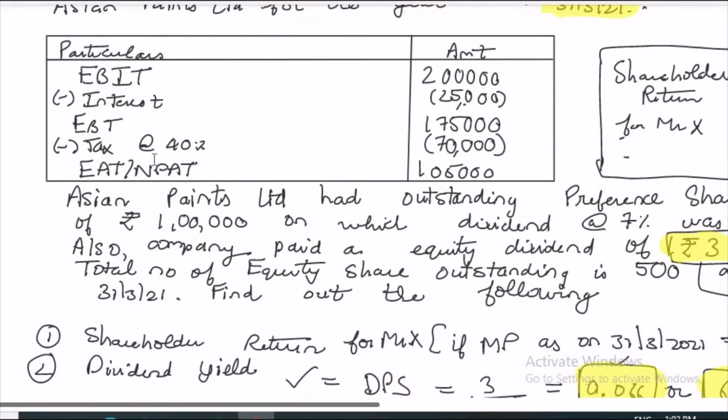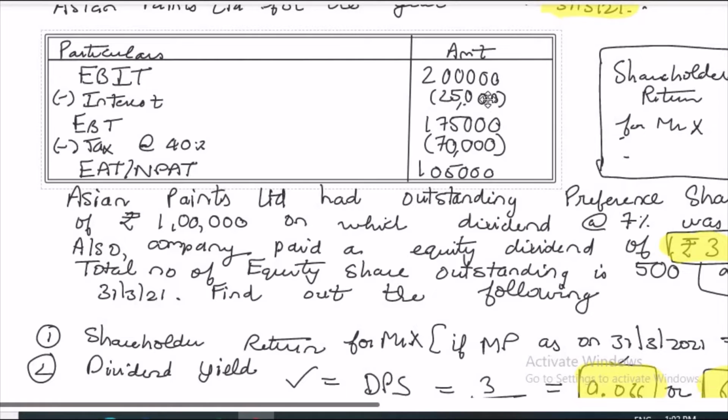Particulars: earnings before interest and tax 2 lakhs, minus interest 25,000. So the earnings before tax is 1,75,000, then minus tax at 40%, that is 70,000, so the earnings after tax is 1,05,000.